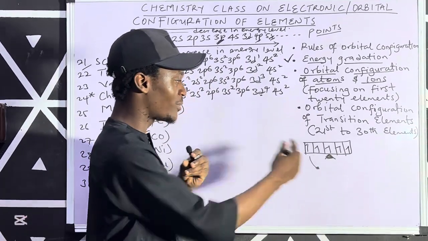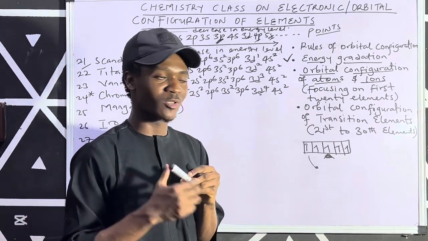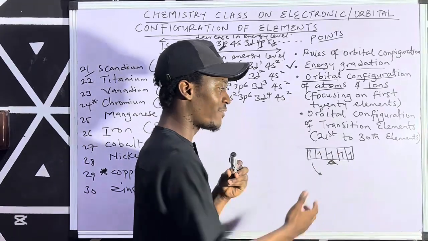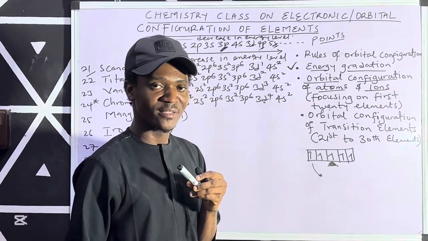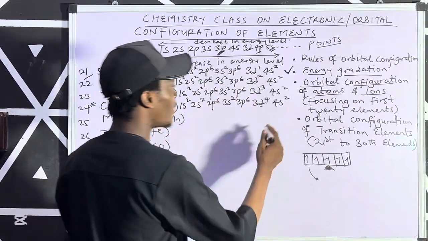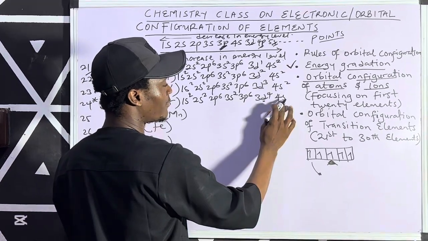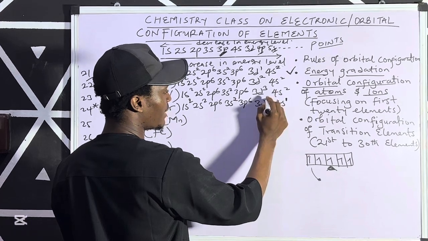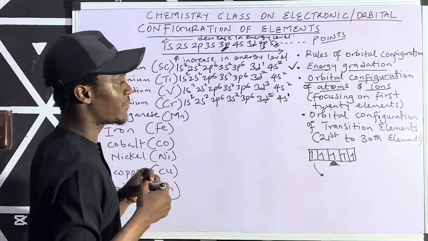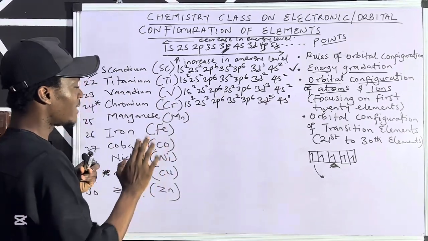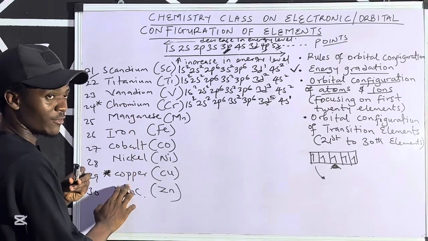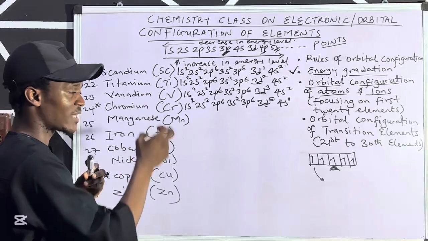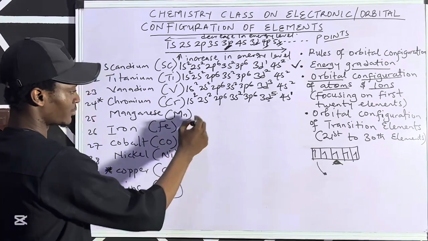The complete number of electrons is not there, because what the d orbital can take maximum is 10, but now you have 5, which is half filled. You get the point now? So that's the need for you to bring 1 from the 4s, and then you end it with 4s1, and you add it to this to bring about half filled stability. That's only for chromium and copper. For copper it is fully filled stability, while for chromium it is half filled stability. So let's continue.